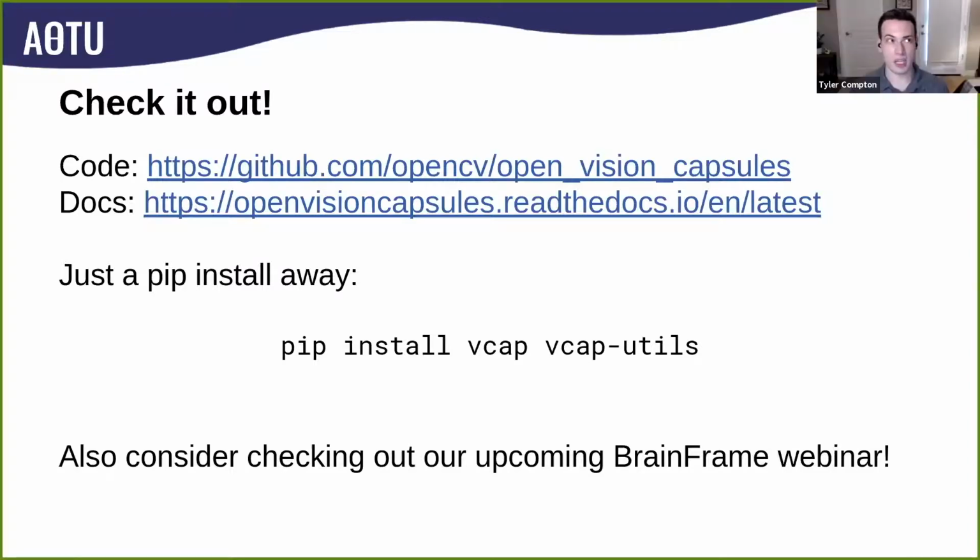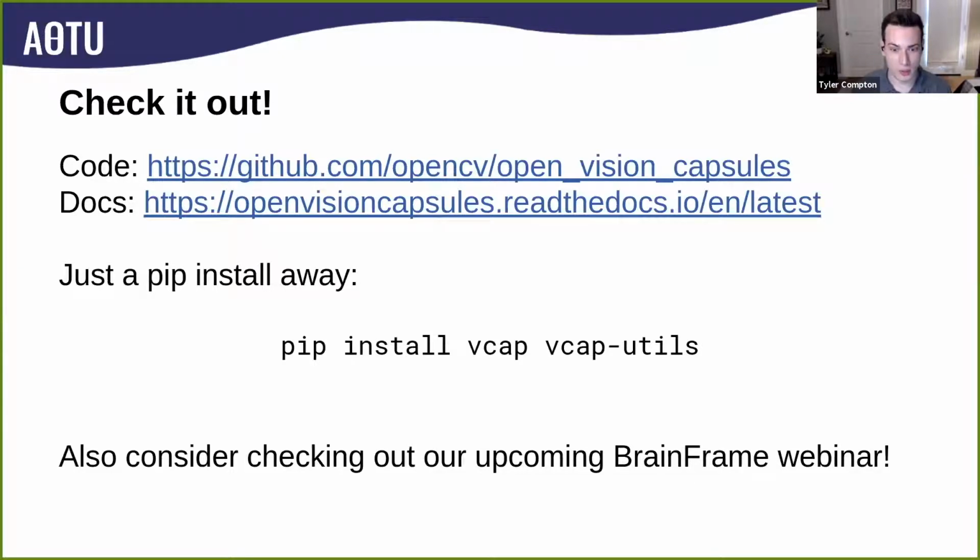Yes, it definitely can be. What Open Vision Capsules will give you, or what the encoders that we write will give you, is kind of like an opaque string that encodes, for example, what a person's face looks like, or whatever the case may be. And you can compare that against results in any string.